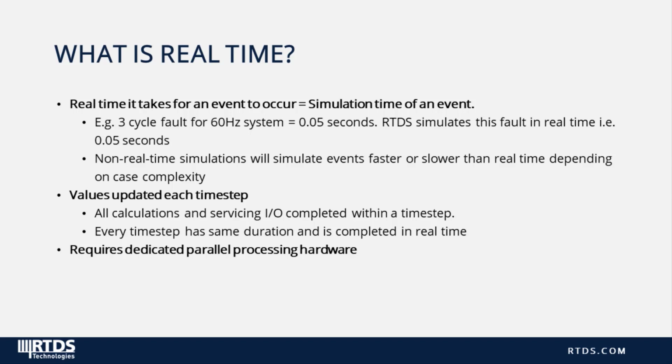The simulations can take a lot more than, or sometimes less than, the real event time, depending on the complexity of the case. So that's one of the advantages of real-time simulation. It's the speed and the efficiency. And that really comes into play when many iterative tests need to be done, or slower dynamics over a long time period need to be included in the simulation.